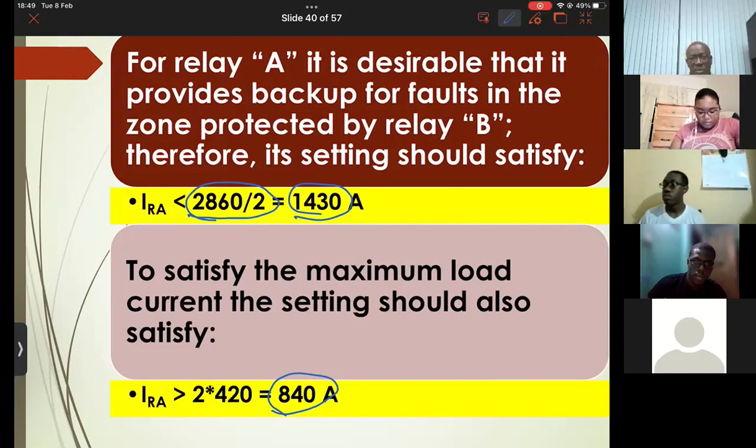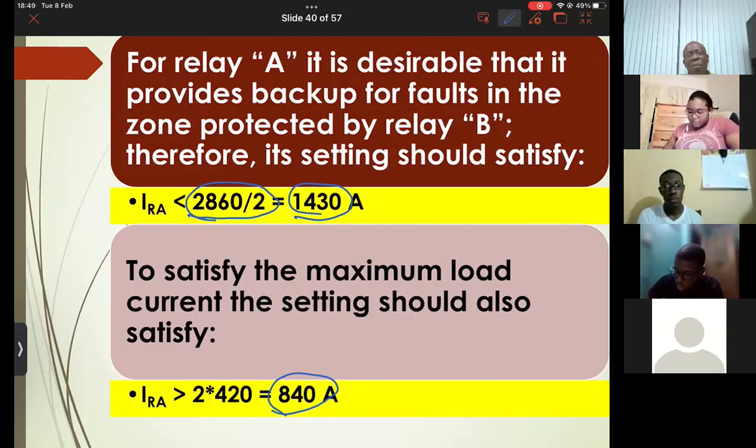And what is the turns ratio of the CT at A? 400 to 5.